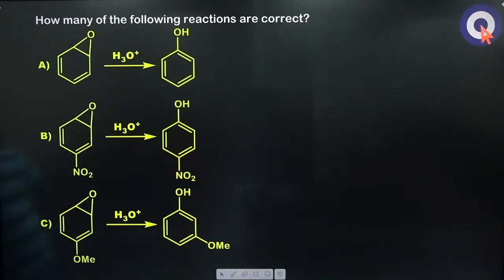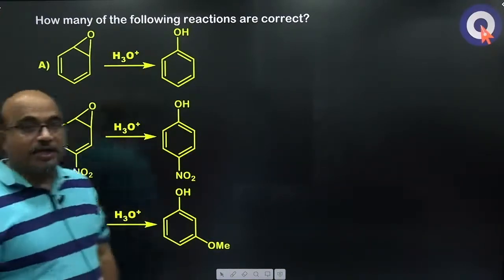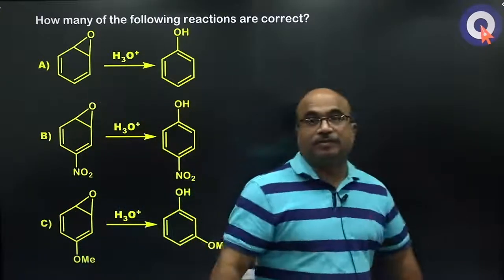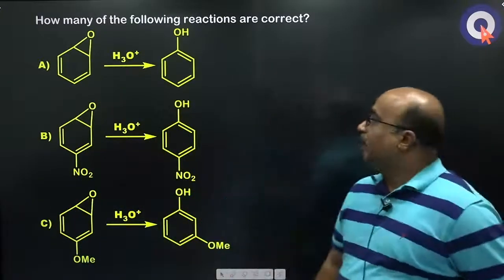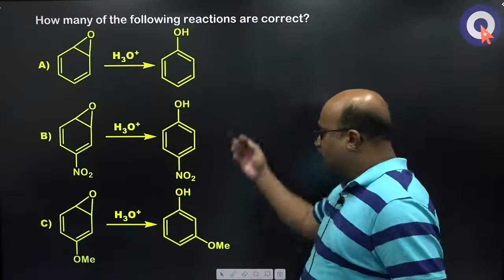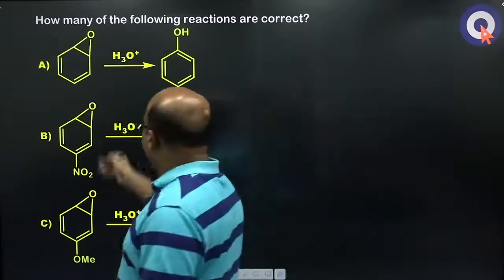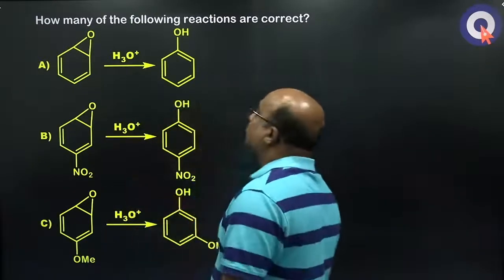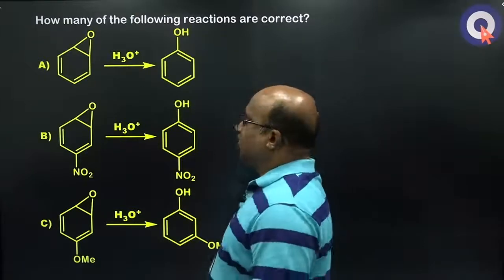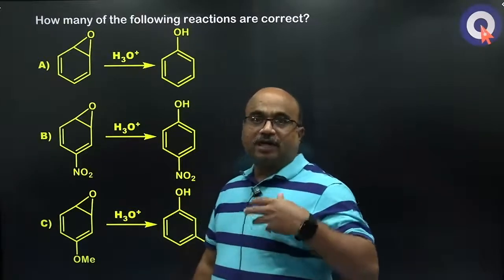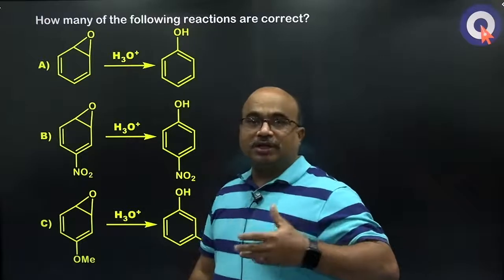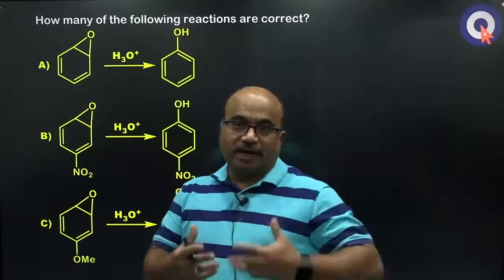How many of the following reactions are correct? What you see here are mostly epoxides. When you look at organic reactions, a very important thing is how the reaction may proceed, that is, the reaction mechanism.